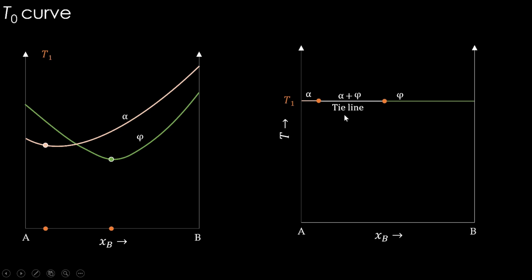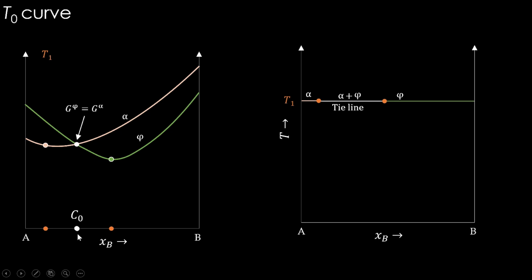And this is familiar to us. We said this particular point is where the Gibbs energy of phi and the Gibbs energy of alpha are both equal, and this composition is going to be called C0, meaning the composition where at this temperature both alpha and phi have the same Gibbs energies.